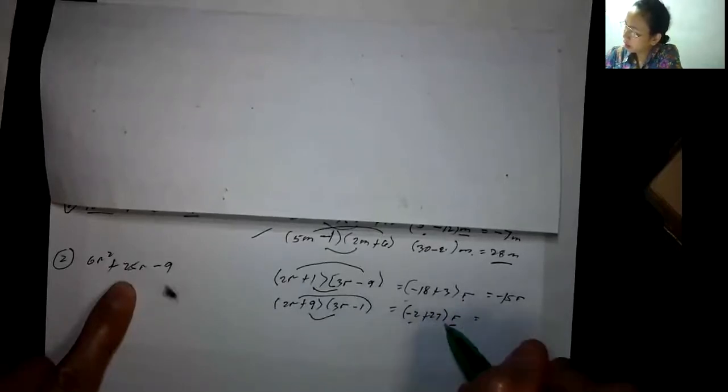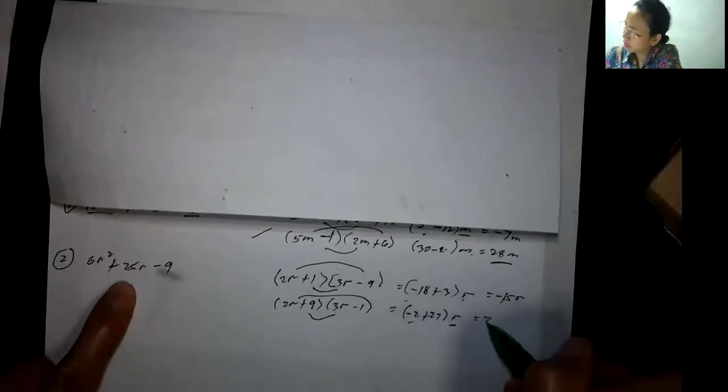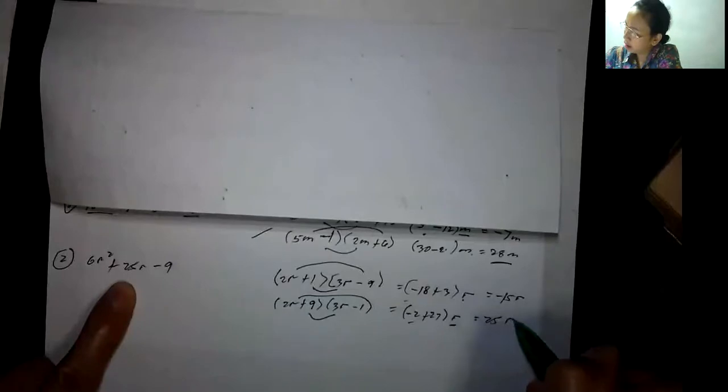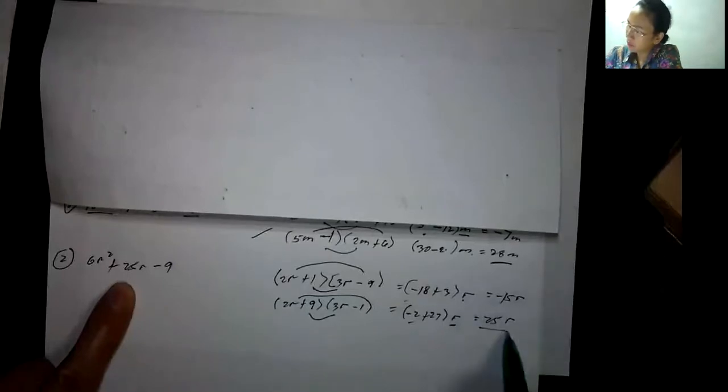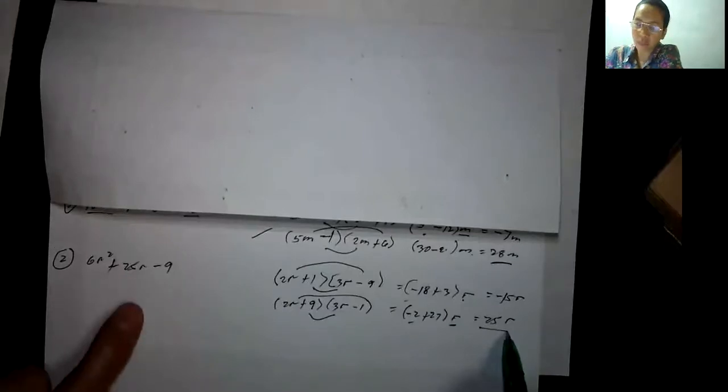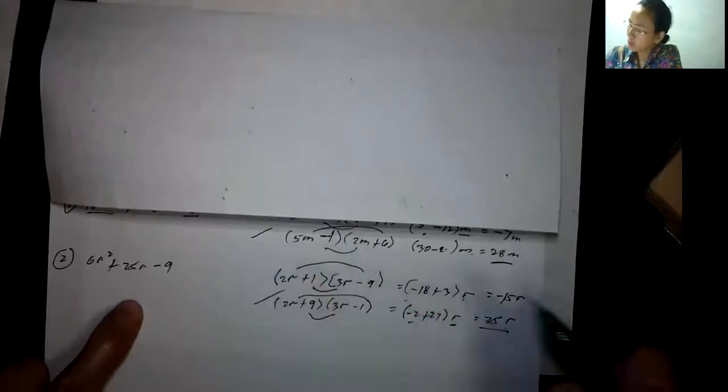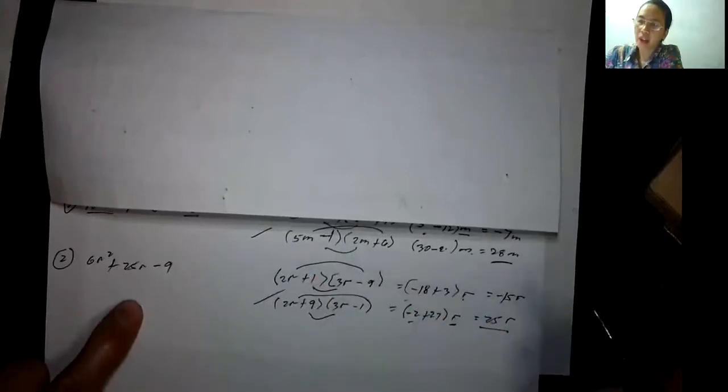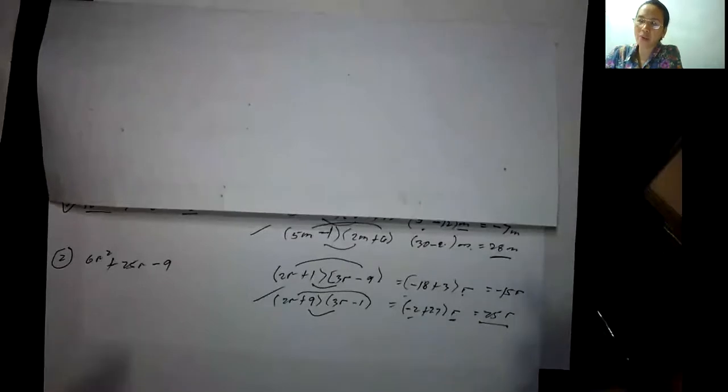So what is the difference of these two? That is positive 25r. So positive 25r is correct for the middle term. So the factors of 6r squared plus 25r minus 9 are 2r plus 9 times 3r minus 1.